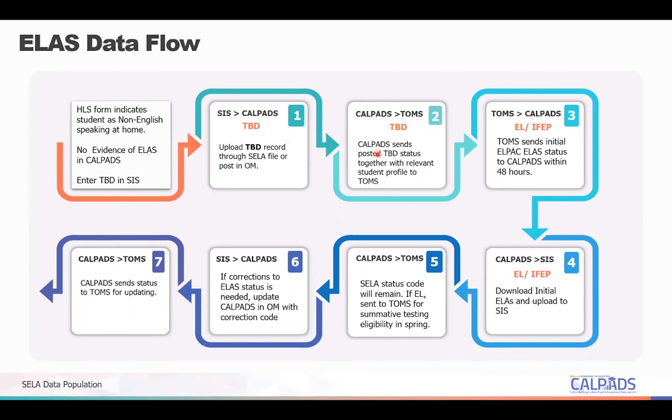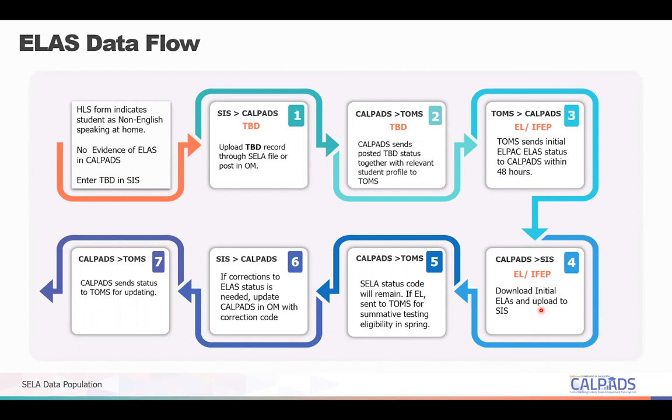CalPADS then sends the posted TBD status together with relevant student profile data to TOMS during the nightly process. The student is then tested and TOMS sends the initial LPAC ELAS status result of either EL or IFEP to CalPADS within 48 hours.